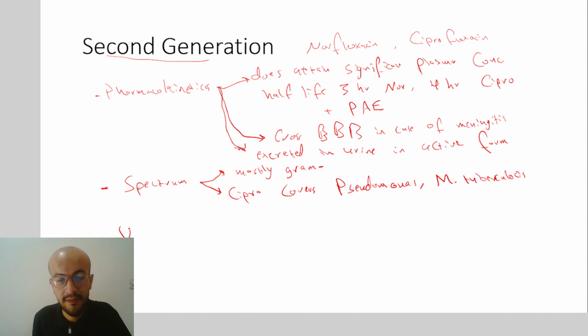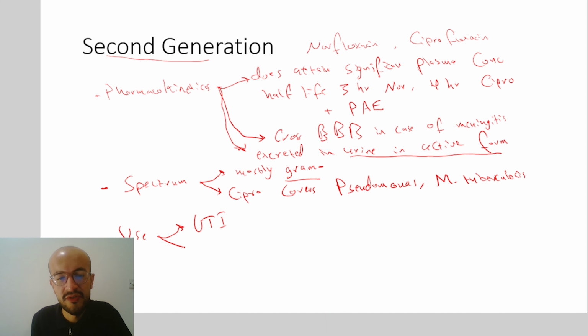Regarding the therapeutic uses of the second generation, it is used to treat urinary tract infections for the same reasons, because it works on the gram-negatives and is excreted in urine in the active form.